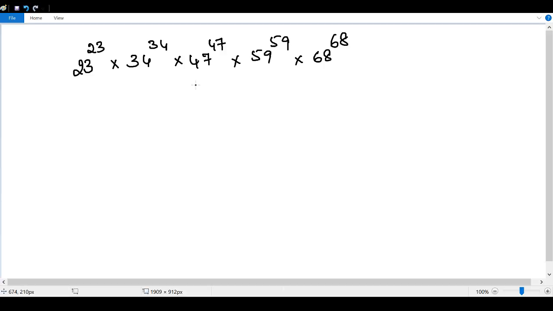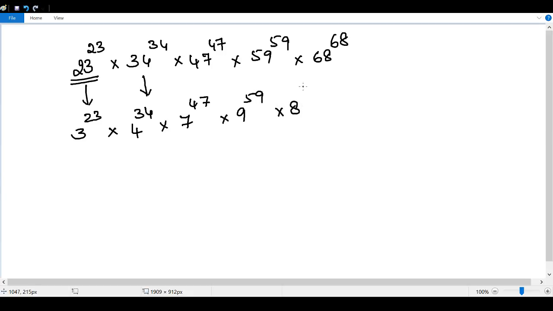I will be going very slowly irrespective of how fast you guys are solving it. Now 23 power 23 means what? It means I'm looking at the unit digit of 3 power 23. Similarly, 34 power 34 means I'm looking at the unit digit of 4 power 34, and thus I am looking at the unit digit of all of these. I hope we are clear. Sorry, 68. Now I looked at what my cyclicity was talking about.